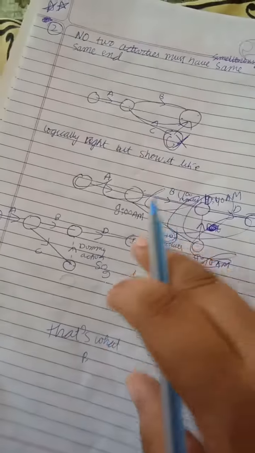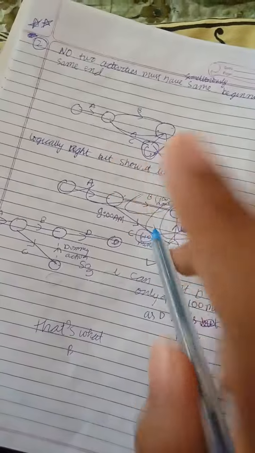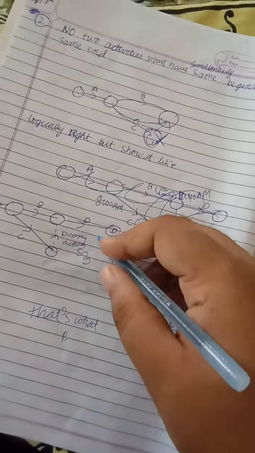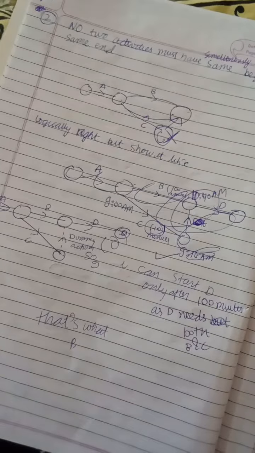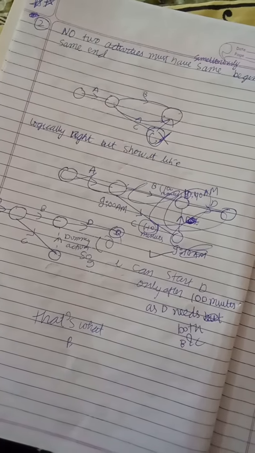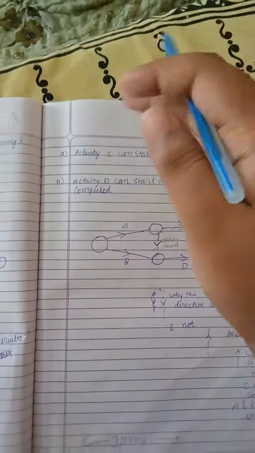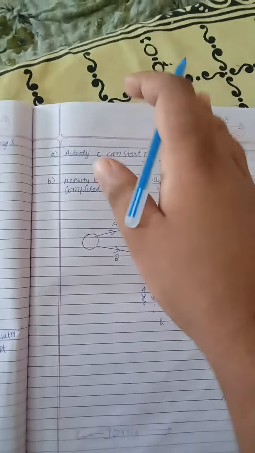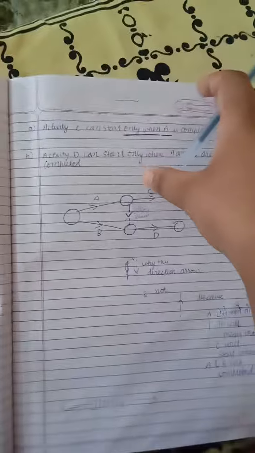You know the use of dummy activity, and the important part of dummy activity is that it does not consume any time. So time for dummy activity is 0. Now, whatever preceding is given in the question, just draw that diagram, not more, not less.